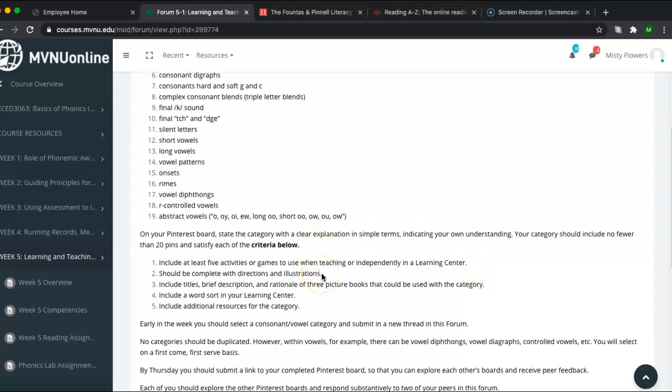It should have complete directions and illustrations. Include titles and brief descriptions and a rationale for using 3 picture books for your category. And include a word sort for that category. And include additional resources.